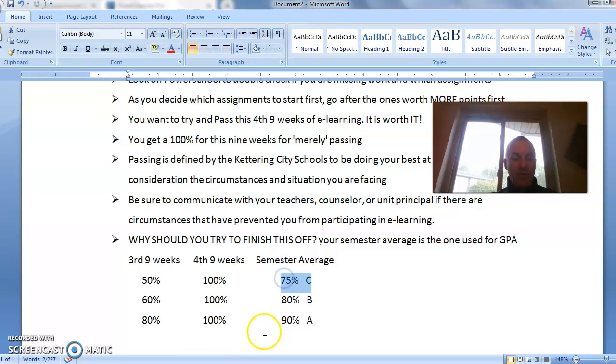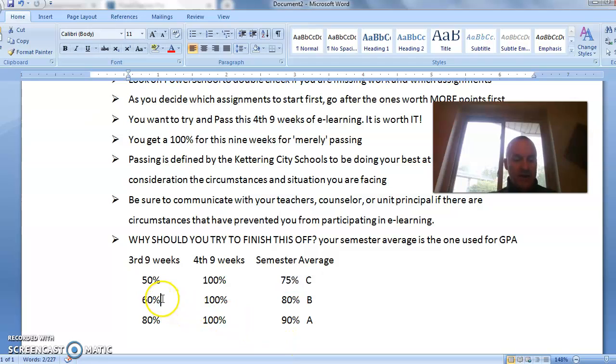You will end up with a C toward your GPA, and more importantly, you will get your science credit. So you could have failed miserably the third 9 weeks, participate in the e-learning and earn your 100%, you will still get your science credit and you'll get a C for the semester.